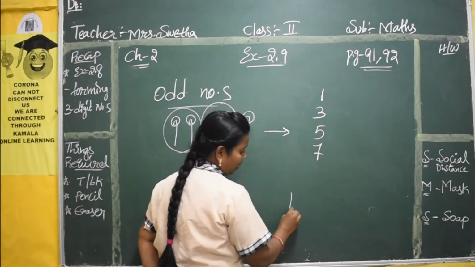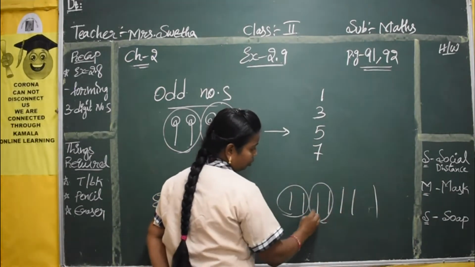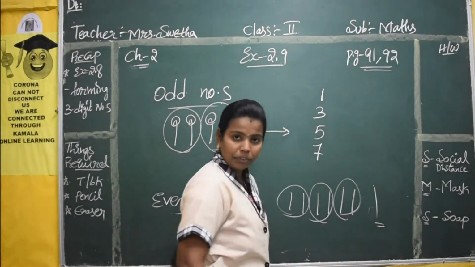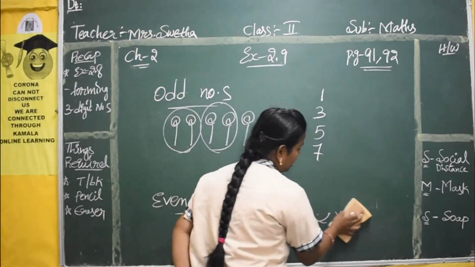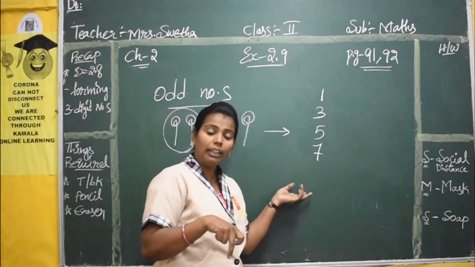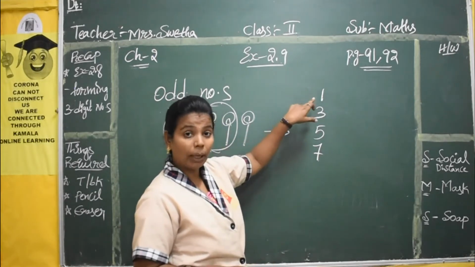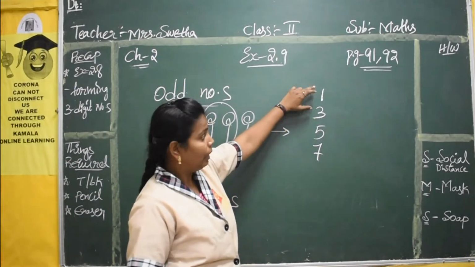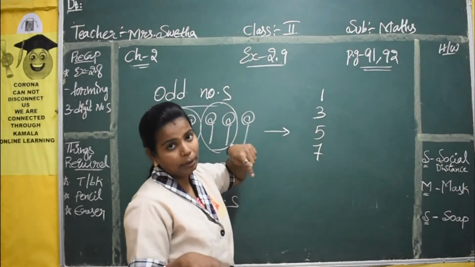In 7 also, see 1, 2, 3, 4, 5, 6, 7. 2, 2, 2, again 1 left. So 7 will become your odd number. So one number odd, the next number even, the next number odd. If you start with an odd number, between two odd numbers the one middle number will become even, and the next number will become odd.